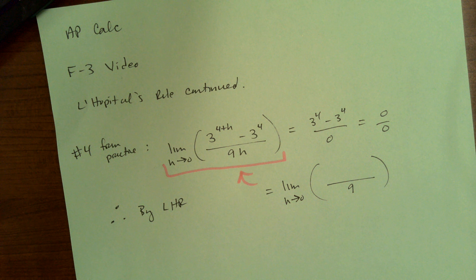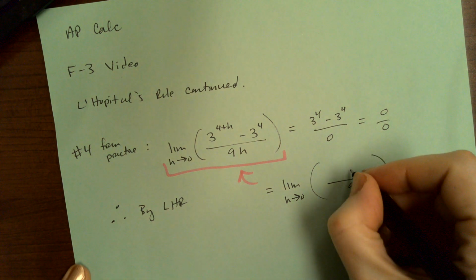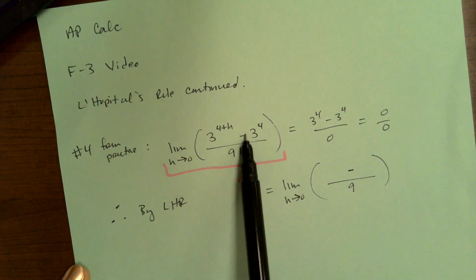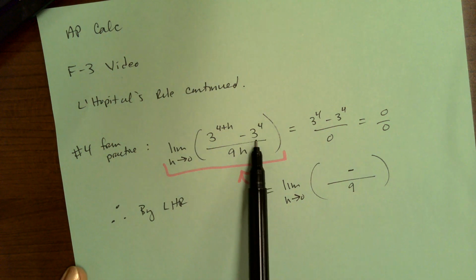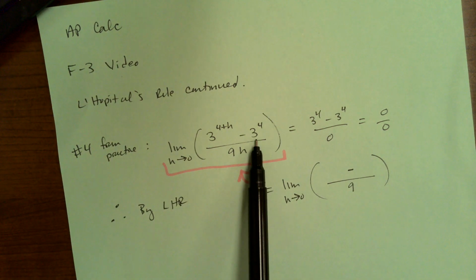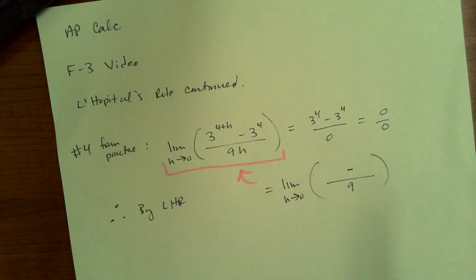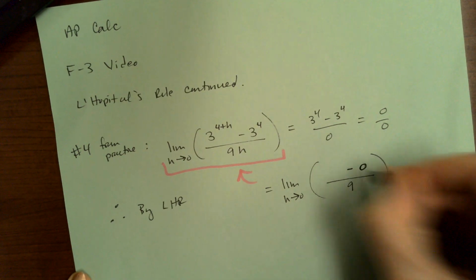Now the derivative of the top: we have two terms. This term, 3 to the 4th, is a constant, just a number. The derivative of a number is 0, so that part is 0.